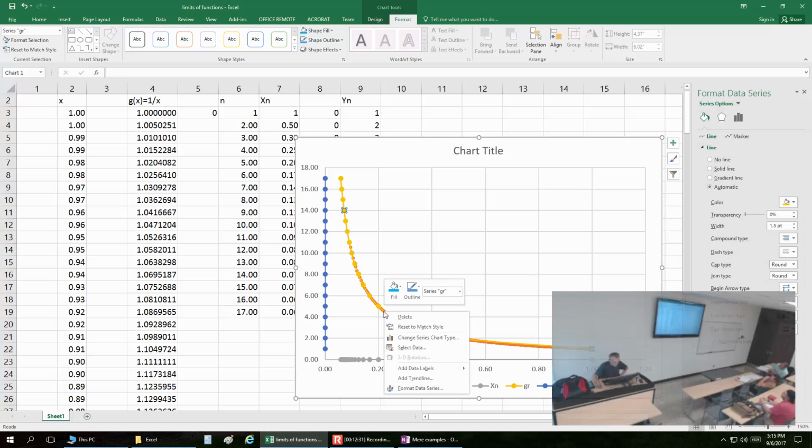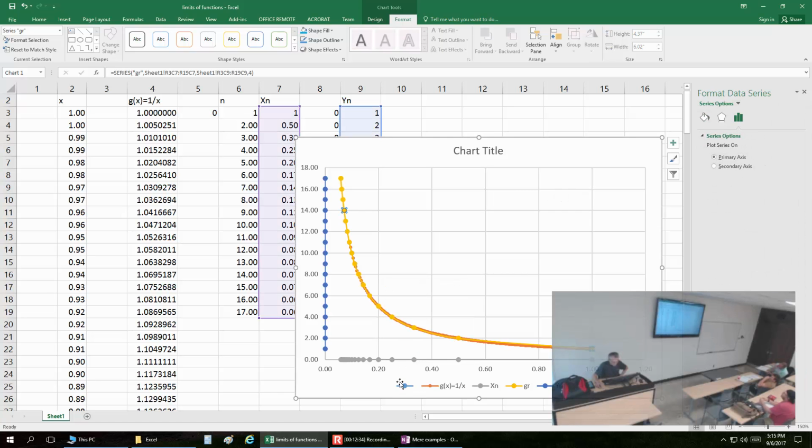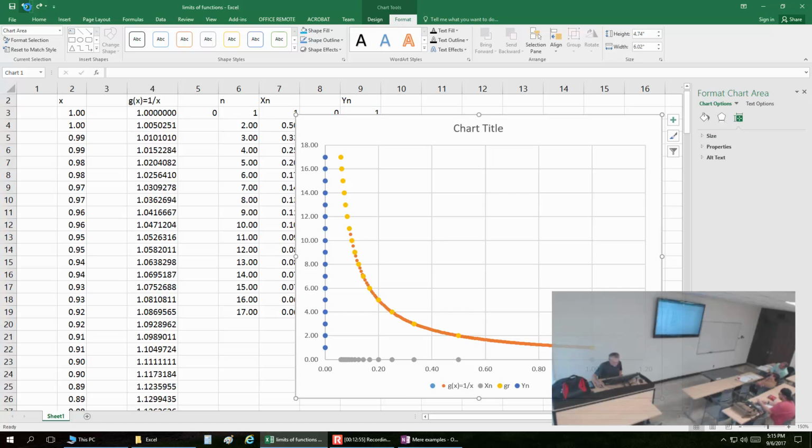Let me try again. Format. Axes, it's all here somewhere, but it's format data series, primary axis, secondary axis. That's not it. So that's not really helping.